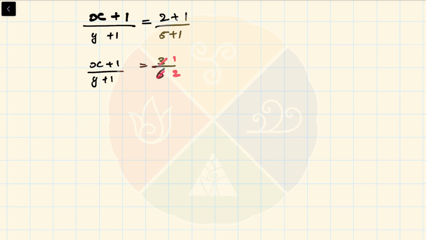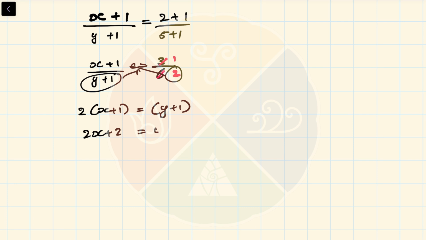Taking this 2 to the other side and taking this value to the other side, you will get 2 times x plus 1 is equal to 1 times y plus 1, and that is 2x plus 2 is equal to y plus 1. Or if I take this 1 to this side, I will get 2x plus 2 minus 1 is equal to y, or 2x plus 1 equal to y.